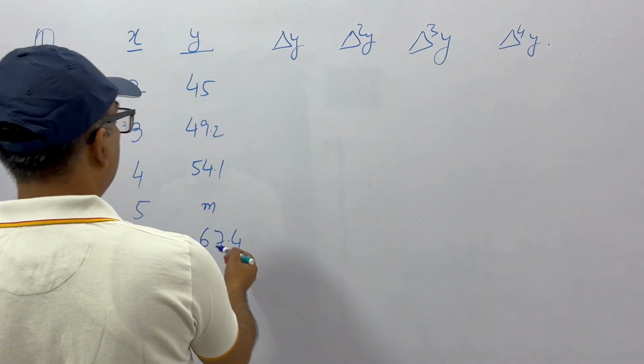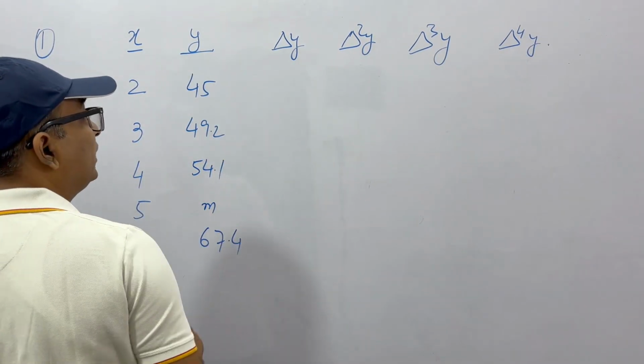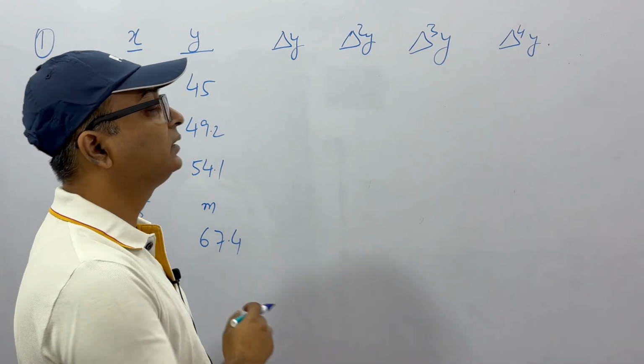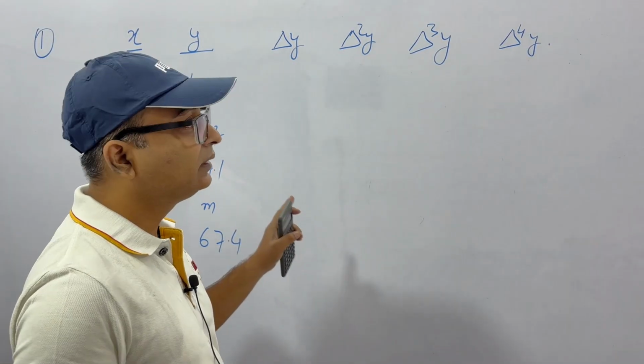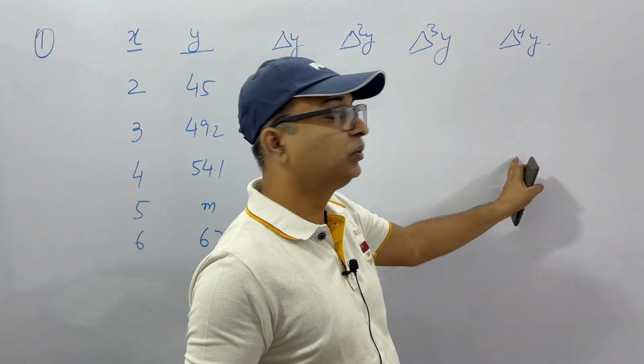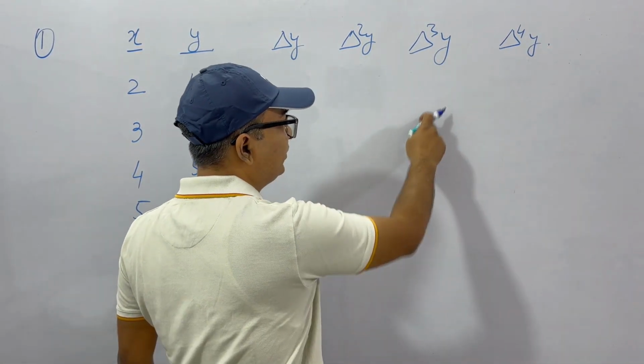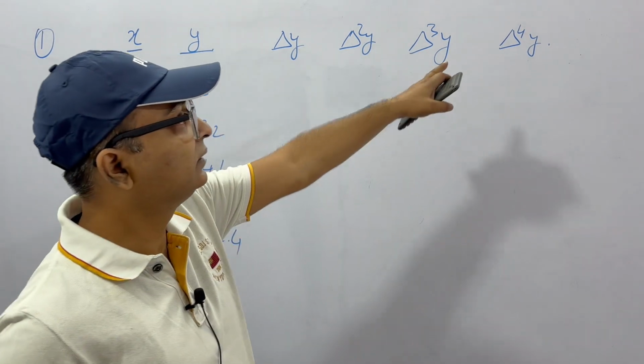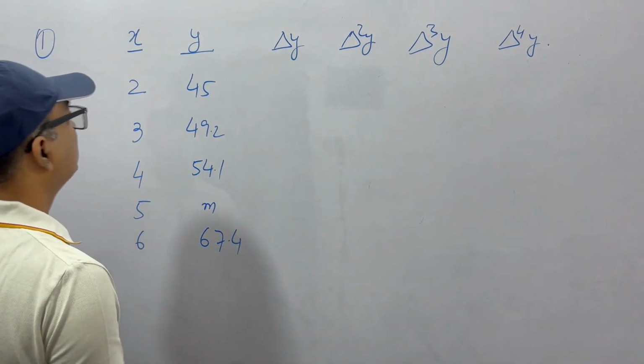We know that there are four terms, 1, 2, 3, 4. So we'll have an equation of order 3, and so delta 4y will be equal to 0. Delta 3y, all the terms will be constant and this will be 0.